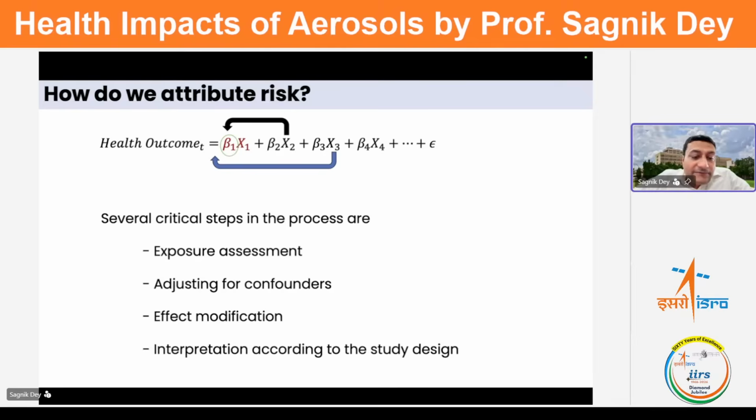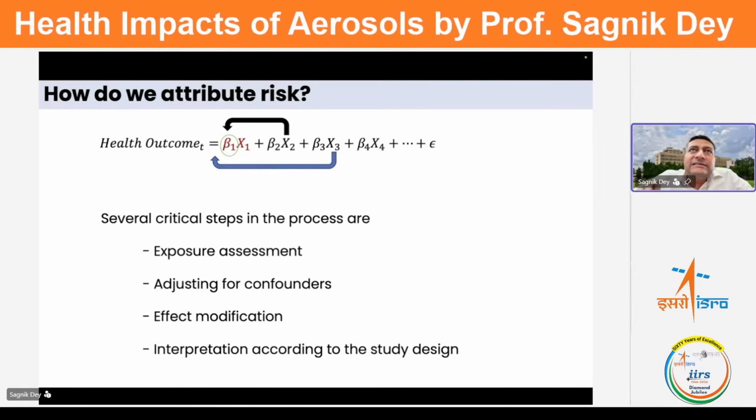Now there are four important things when we try to assign or attribute risk. One is, of course, first you need to know how we assess exposure to any risk factor. And because there is not a single risk factor for any disease that you can think of, you have to adjust for the effect of all other risk factors, which we call confounders.